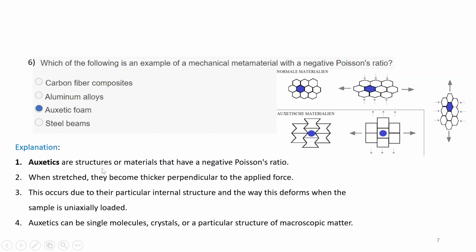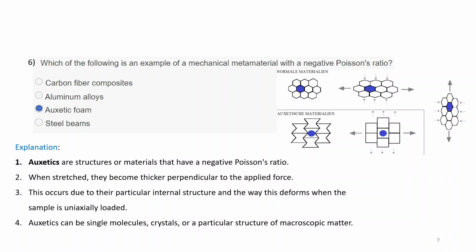These are structures of materials that have a negative Poisson's ratio, and when stressed they become thicker perpendicular to the applied force. This occurs due to their particular internal structure and the way it deforms when the sample is uniaxially loaded. Auxetics can be single molecules, crystals, or a particular structure of macroscopic matter.